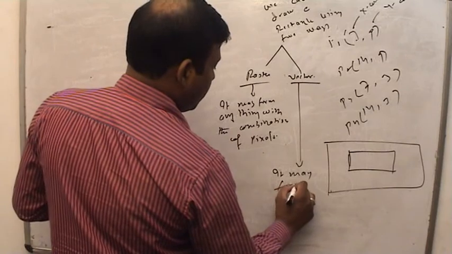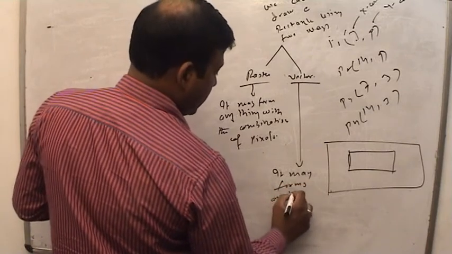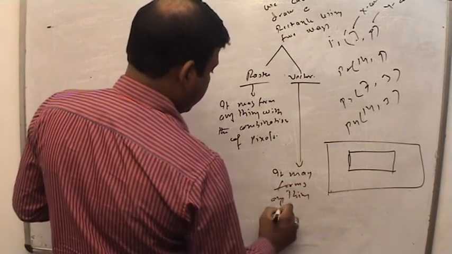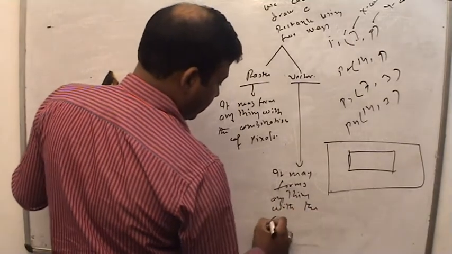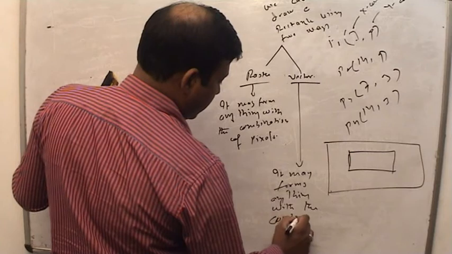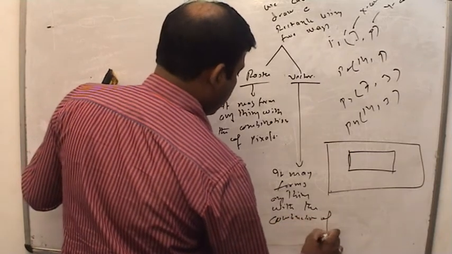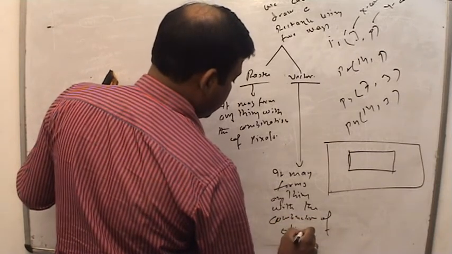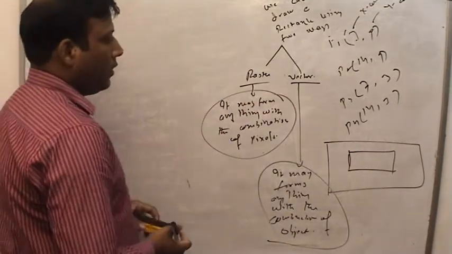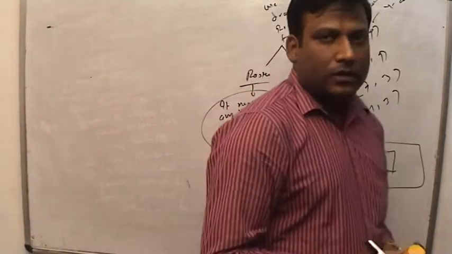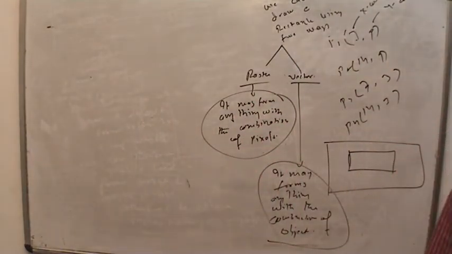Or it may form anything with the combination of objects. These two are the basic difference of raster and vector graphics.